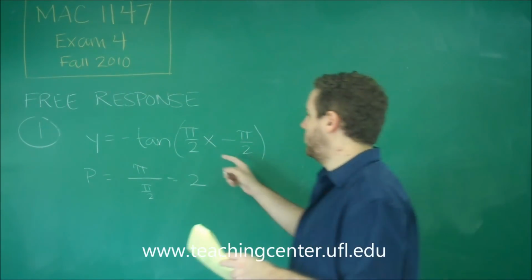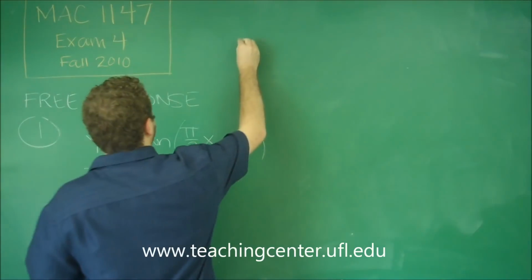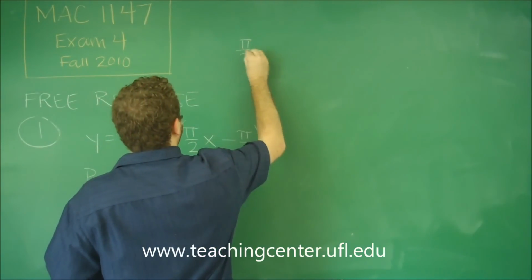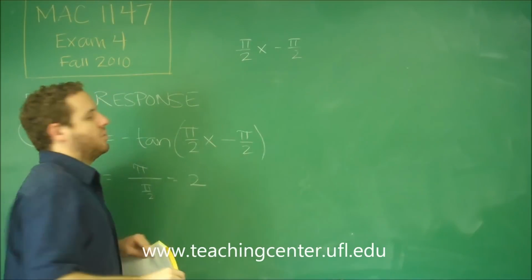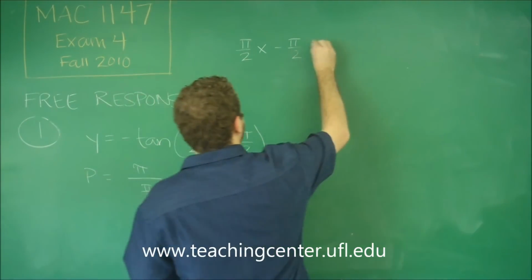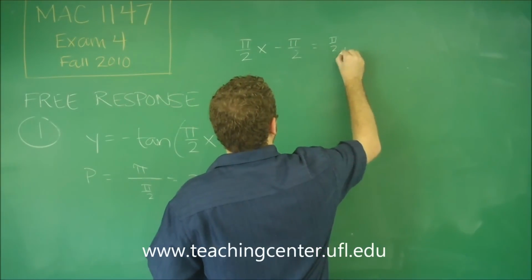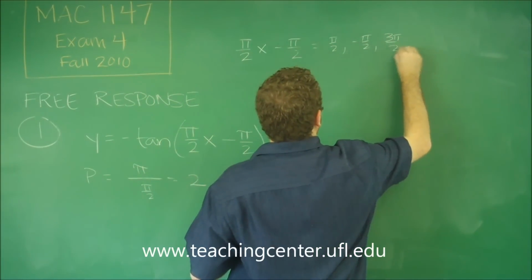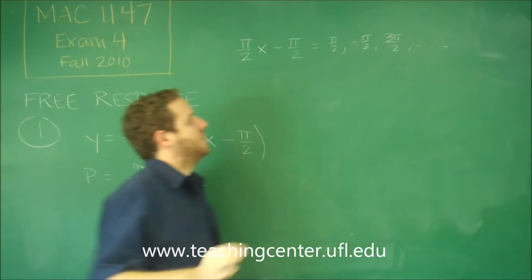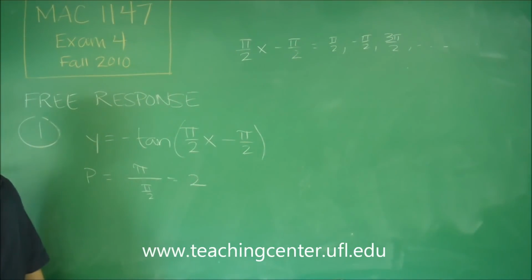So we want this inside part to equal things like pi over 2, negative pi over 2, 3 pi over 2, things like that. That's where we would normally have vertical asymptotes for tangent.